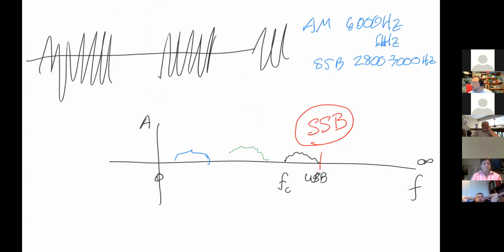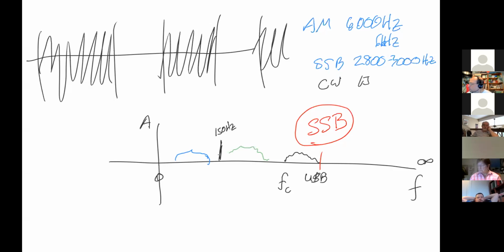It's one of those things that math predicts and is actually true. Morse code takes up about 150 hertz. What that means is you can put a lot of Morse code signals in an area where you can put, let's say, one single sideband signal. So CW is about 150 hertz.